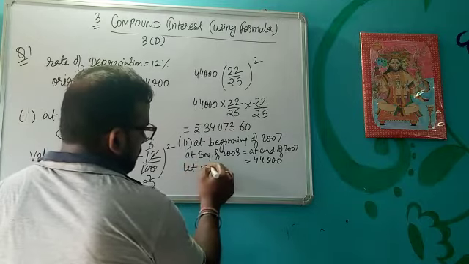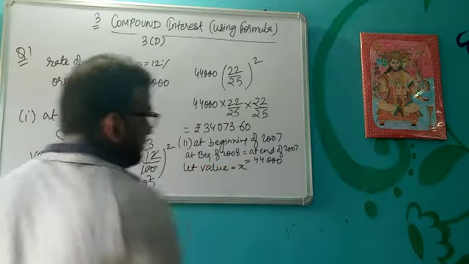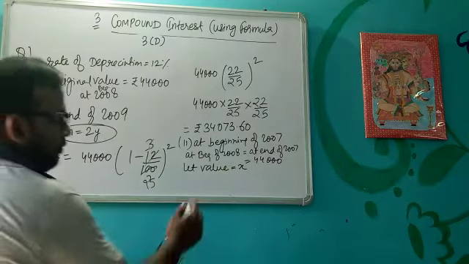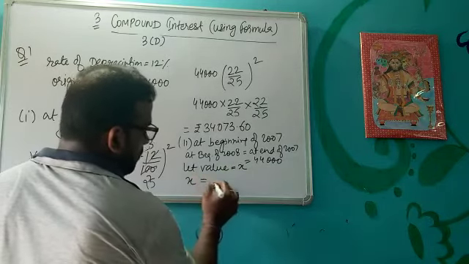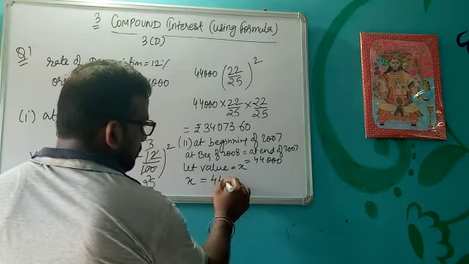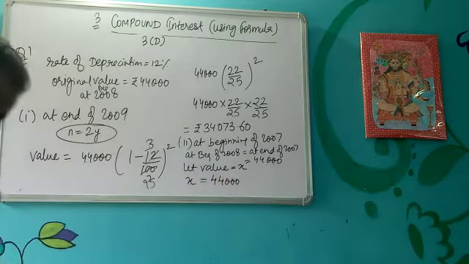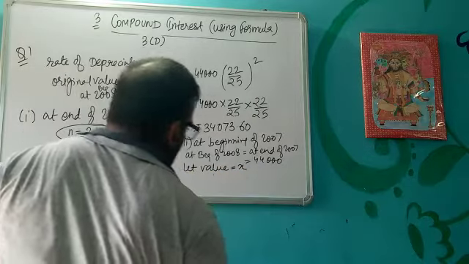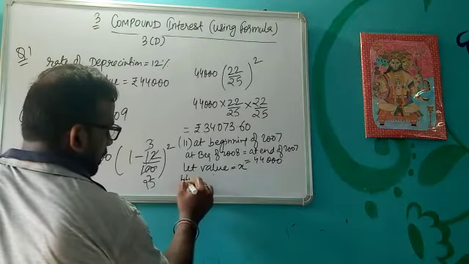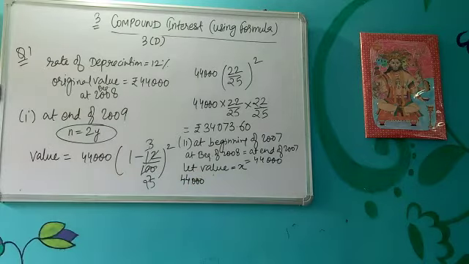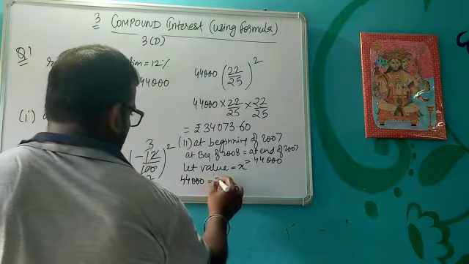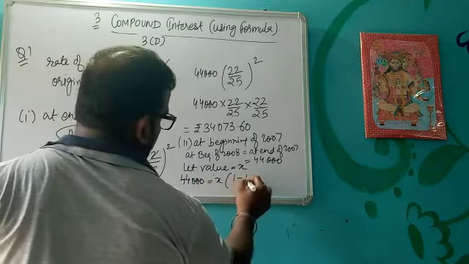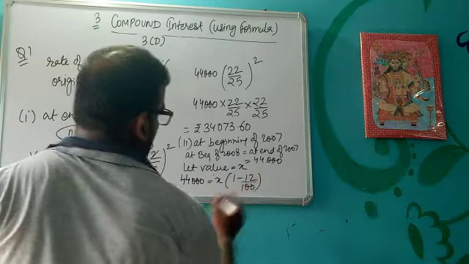Let the value be x. So we will take 44,000 equal to x into (1 minus 12 upon 100).